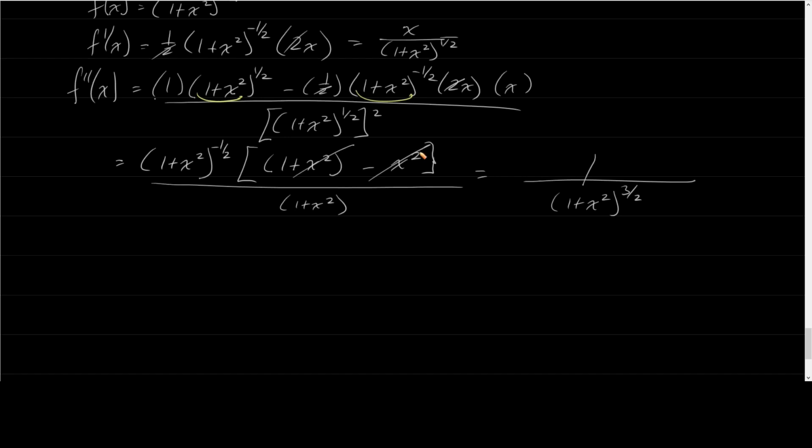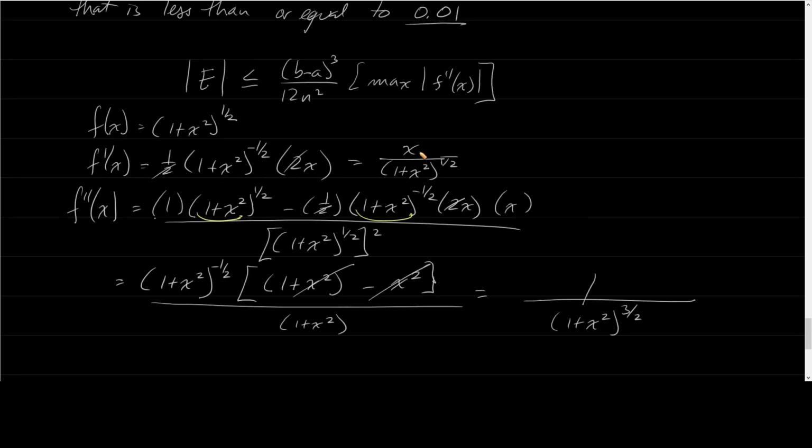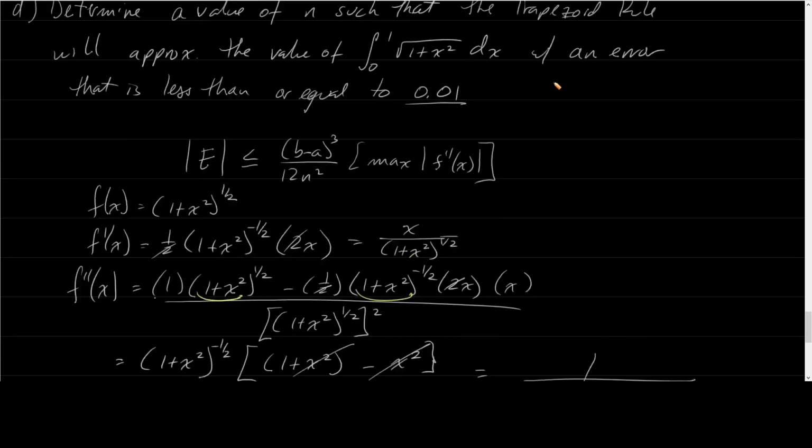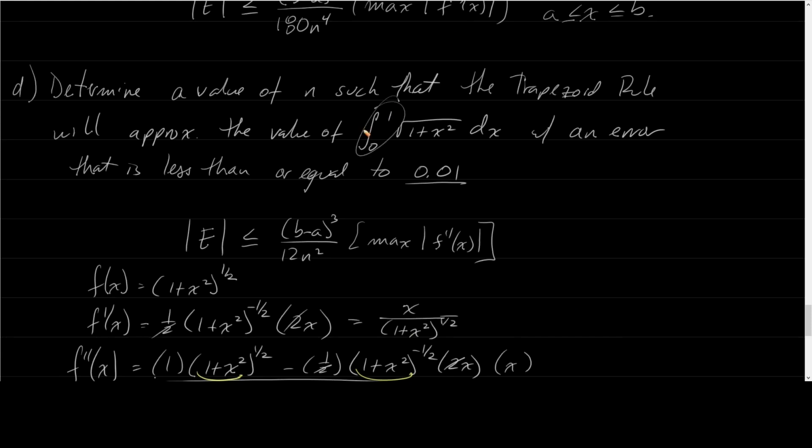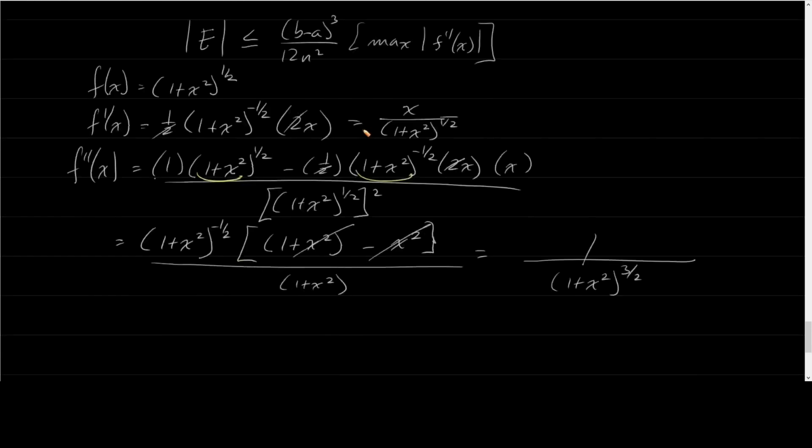Now, from the formula, we need the maximum of that second derivative in our interval. And what was our interval? The interval we were working with was from 0 to 1. So the max of f double prime of x on 0 to 1, well, let's think about this. In here, this is a fraction, and we're plugging in positive values.